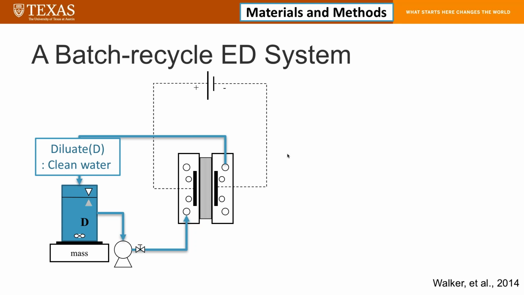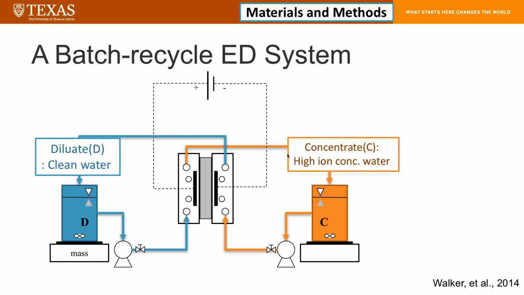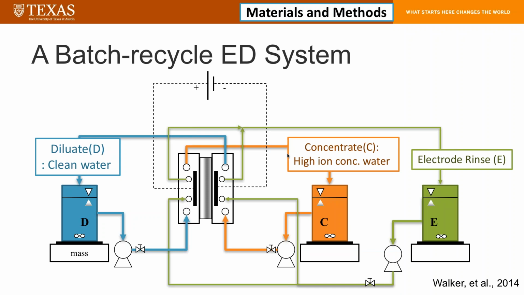So I use a batch recycled ED system. I recirculate the dilute and also the concentrate, and I have an electrode rinse, which maintains the same pH at the cathode and anode.